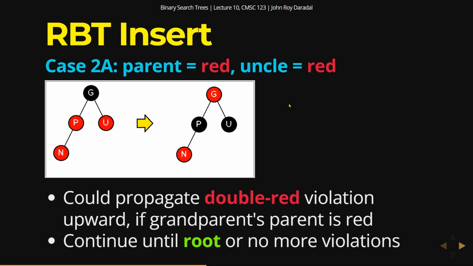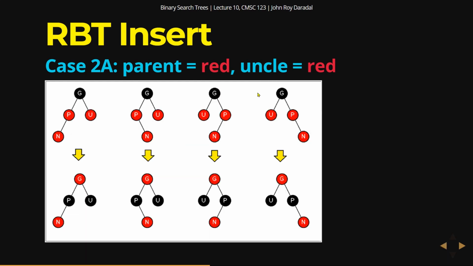How about case 2B? Before we go to case 2B, let's see all the possible patterns of case 2A. We showed this one earlier, but what if instead of being the left child, it's the right child? It's the same.